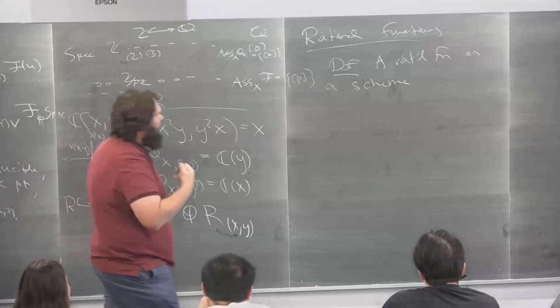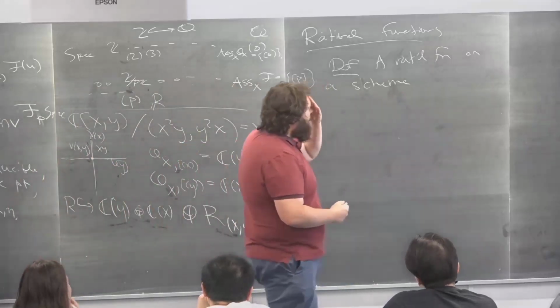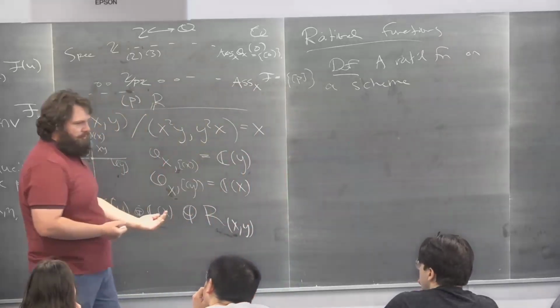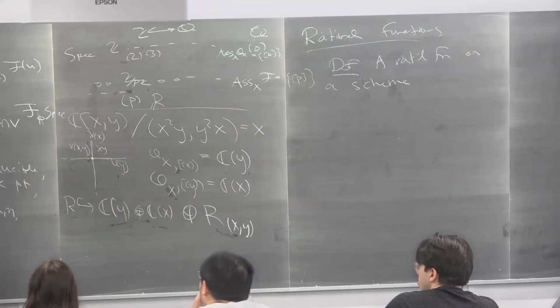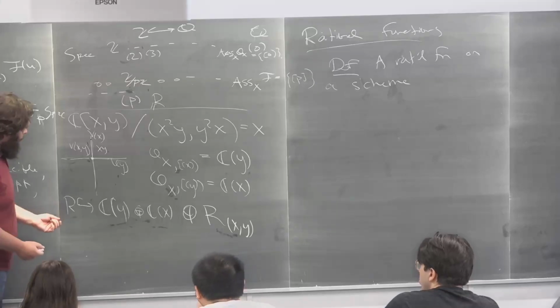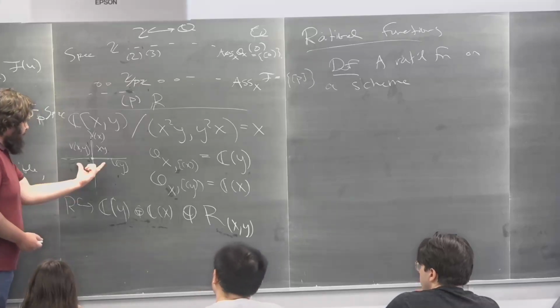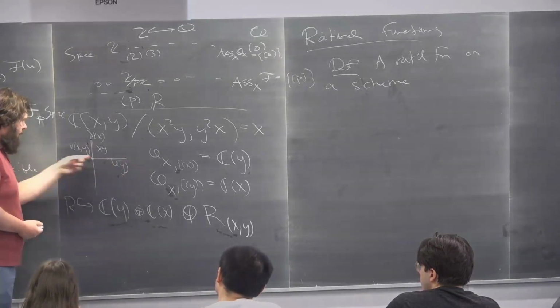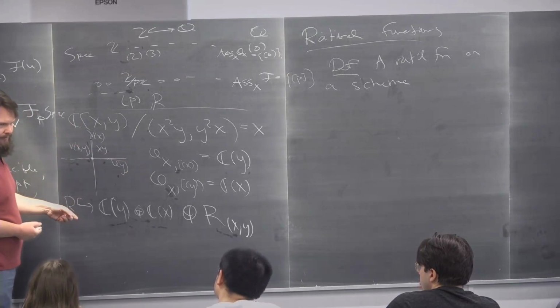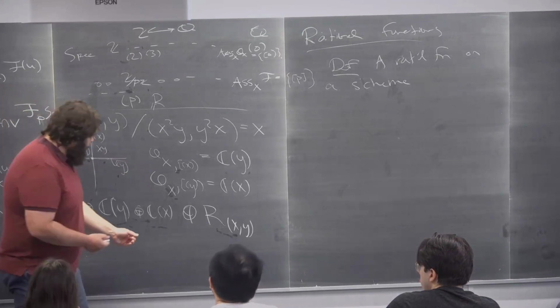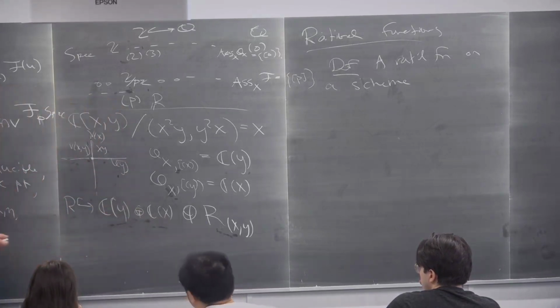The tricky thing is, for a scheme, I know what a function is. It's a section of the structure sheaf. So what's a rational function? It should be a section of the structure sheaf on an open set. But what kind of open set? Obviously, I would be doing the wrong thing if I just took a function only on the x-axis and not on the y-axis. And the associated points are one way of telling me what points I have to remember.